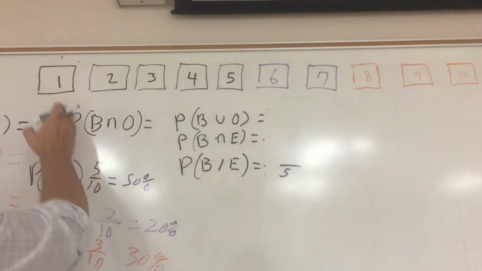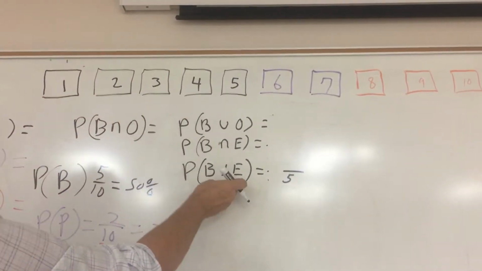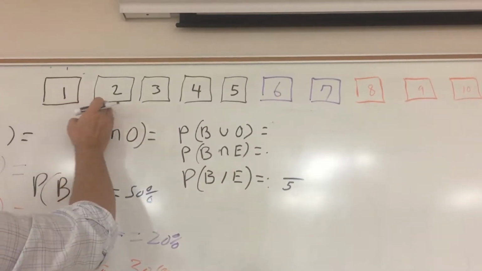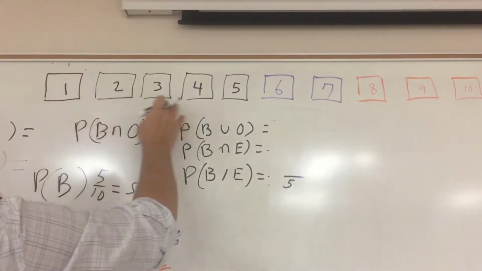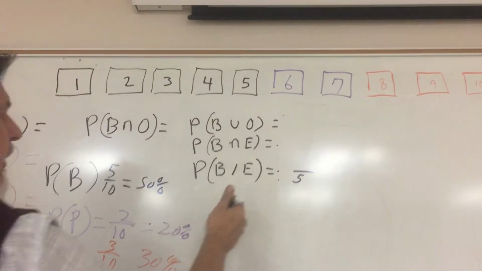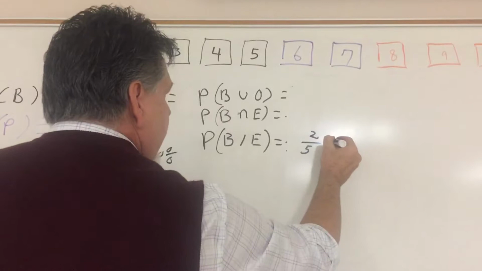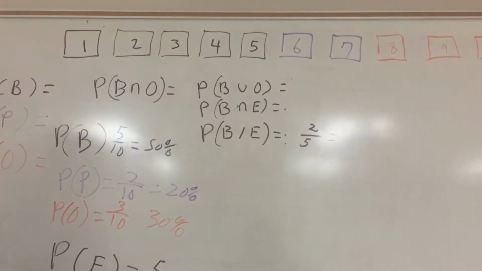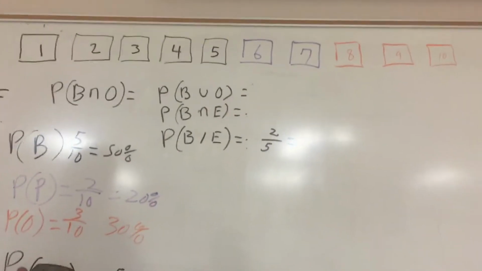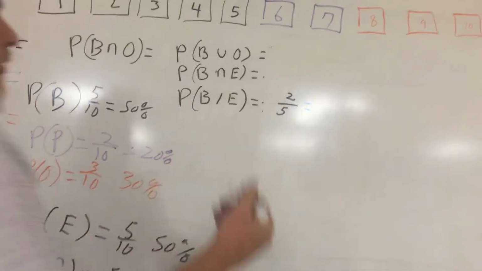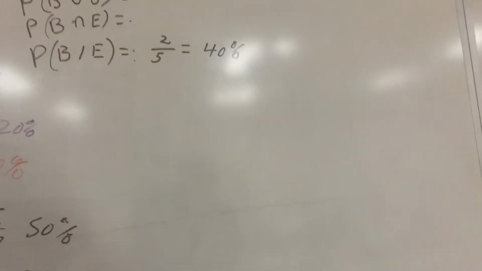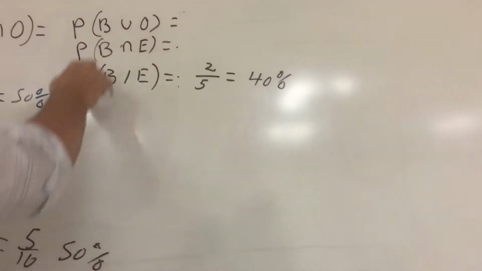Now I have to look at all the blacks given that they're even. So I have even of 1, 2, and that's it. Black given even. So 2 over 5, I have to get my calculator out because I can't think right now. 2 divided by 5, 40%. So that's how we would do this.